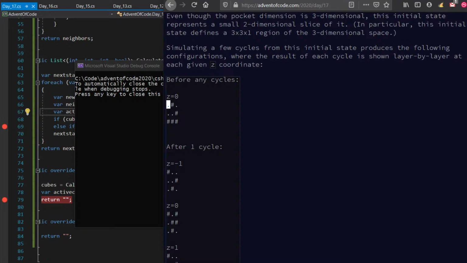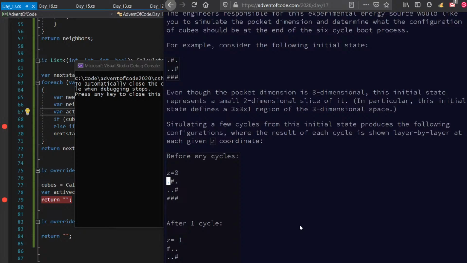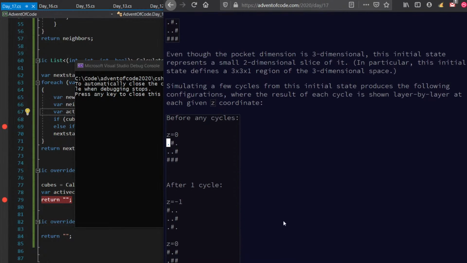Why do you have 26? Yeah, I don't understand why this one flips.